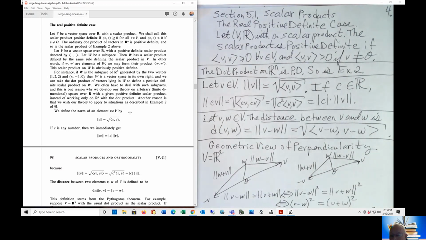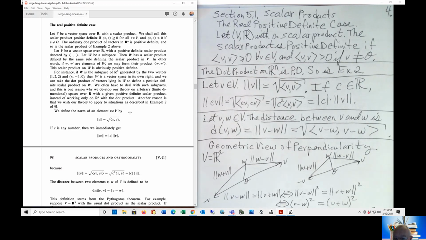But now, still restricting our attention to the real number case, here are some familiar definitions that you should remember from previous math courses. For any v in V, the norm of v, that is, the length of v, the distance from the 0 vector to v, is the square root of the scalar product of v with itself.